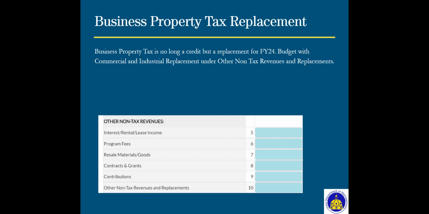So if you do budget, make sure to budget conservatively, and you would budget the business property tax replacement on the same line as the commercial and industrial replacement. You would list it under other non-tax revenue and replacements.